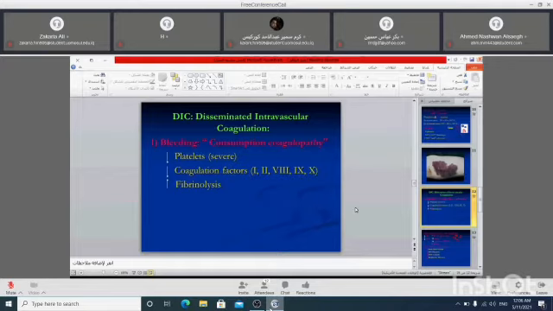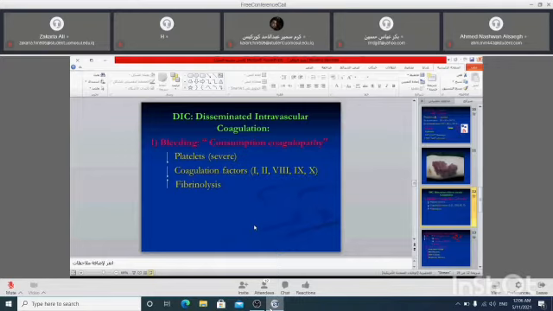Okay, now a few points about DIC, disseminated intravascular coagulation. With DIC we have three important points. The first is bleeding, and the cause of bleeding is consumption coagulopathy. What do I mean by consumption coagulopathy?